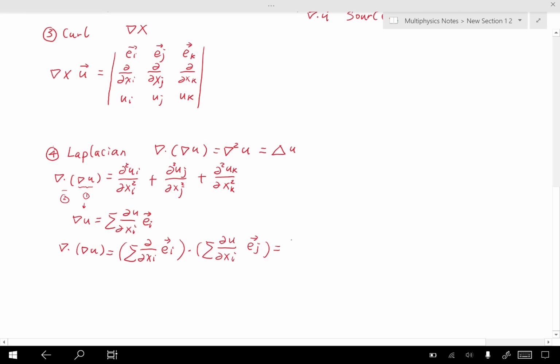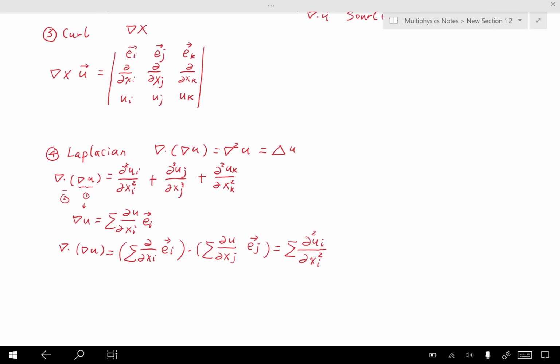Let me write them together. Let's use j. And we have a dot product. These two e will be cancelled, and eventually we will have this. And this is how we get Laplacian.